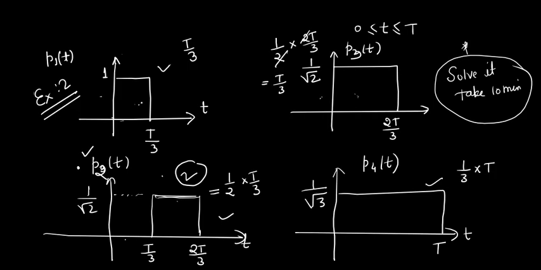What is its energy? 1 by 2 into t by 3. Okay, so make it as 1. So now the energy of this is also 1 by 2. So first you have to evaluate the energy of every P1t, P2t, P3t.